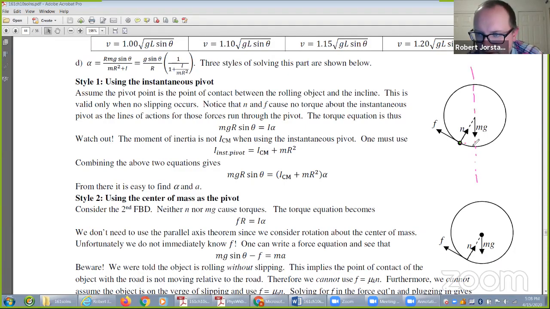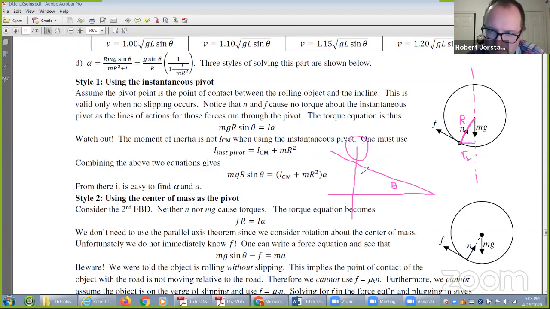So you could try and figure out this distance here, which is r perpendicular, the lever arm. Or if you don't want to figure that out, I know this distance right here is r. And I know the angle here is theta. So if I have a ball sitting here and I draw this mg, this angle is also theta, because this angle right here is 90 minus theta.